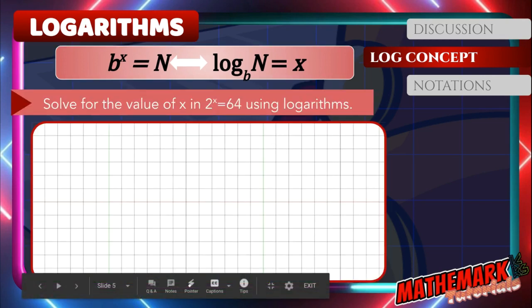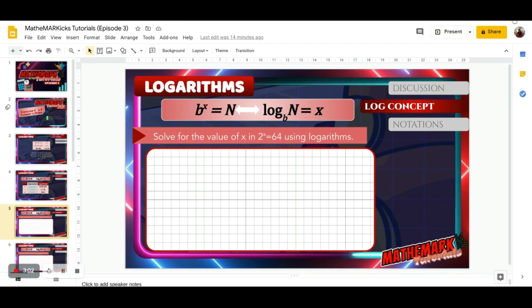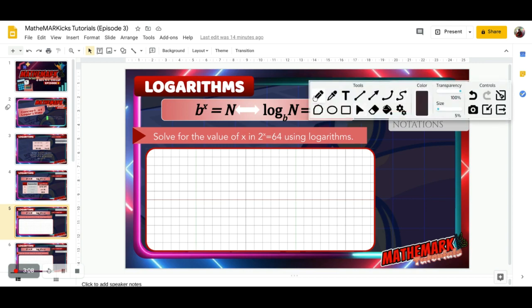Now let's try solving this exponential equation by using logarithms. So we can write 2 raised to x equals 64, and then log 64 base 2 equals x.